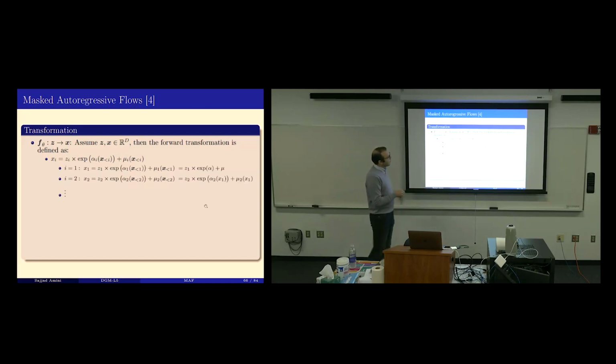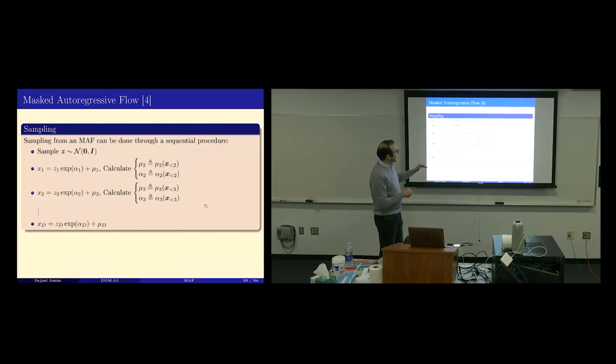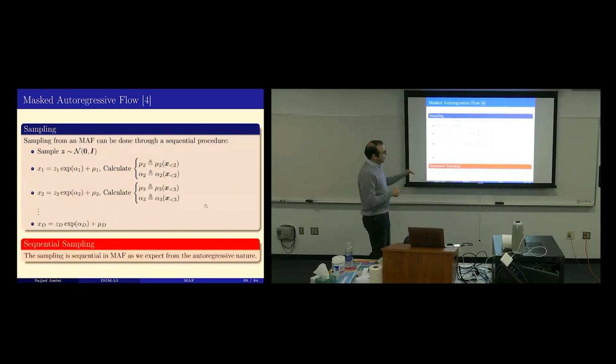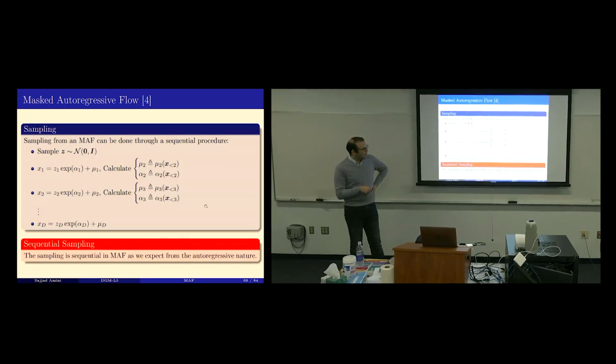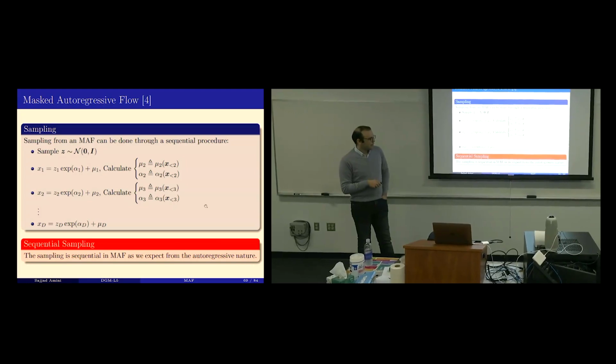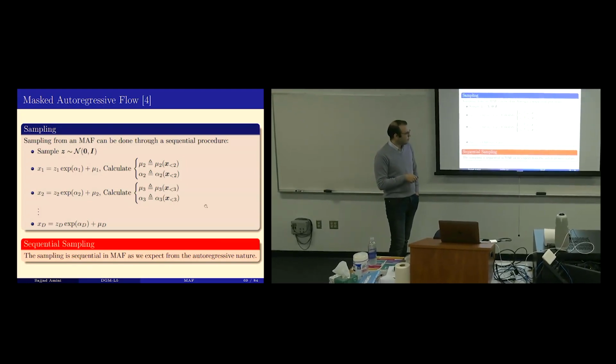As a result of this type of formulation, sampling in this model is sequential. Why? Because first you should generate x1, then you can calculate the statistics needed to generate x2. So sampling is time consuming and it is not efficient in terms of computation.